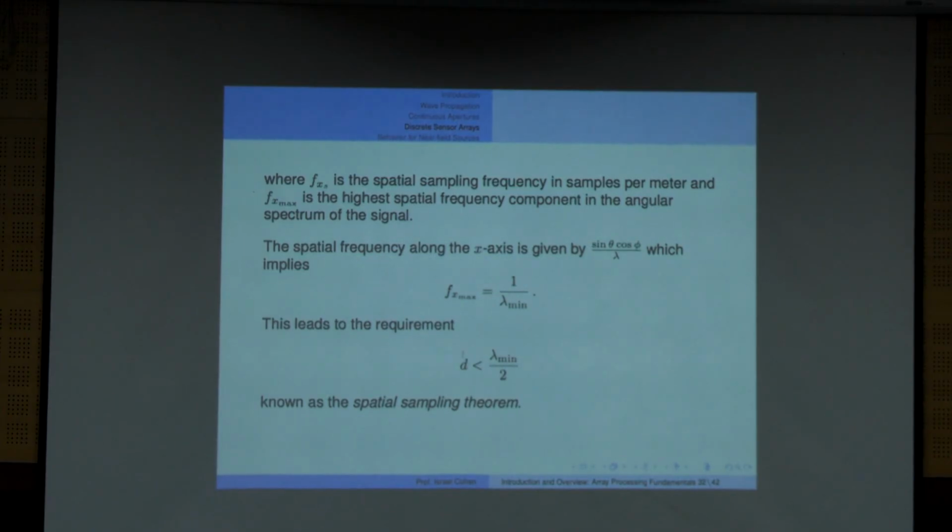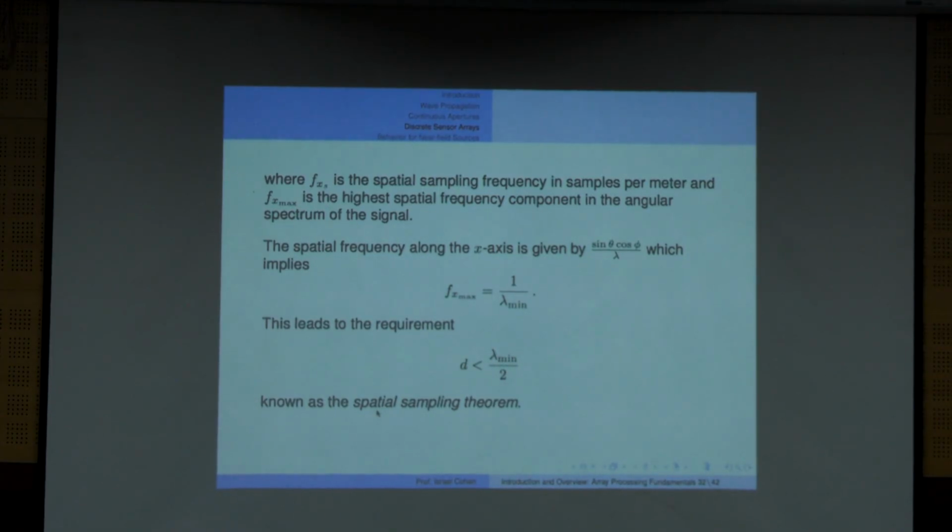Which means that d, the distance between sensors for a uniform linear array, should be smaller than half of the minimum wavelength of the signal. And we know this is the spatial sampling theorem, just like the Nyquist frequency. So it's the same.